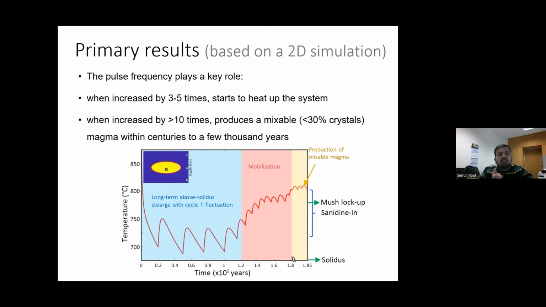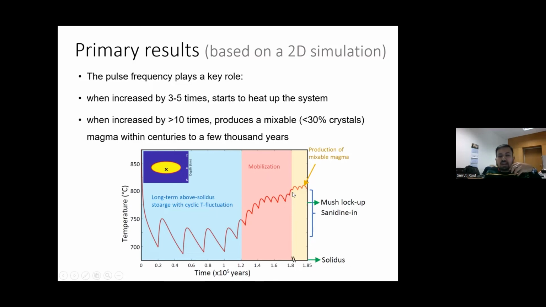And then we also see that the pulse frequency plays a key role. When the pulse frequency is increased by 3 to 5 times, then the system starts to heat up.